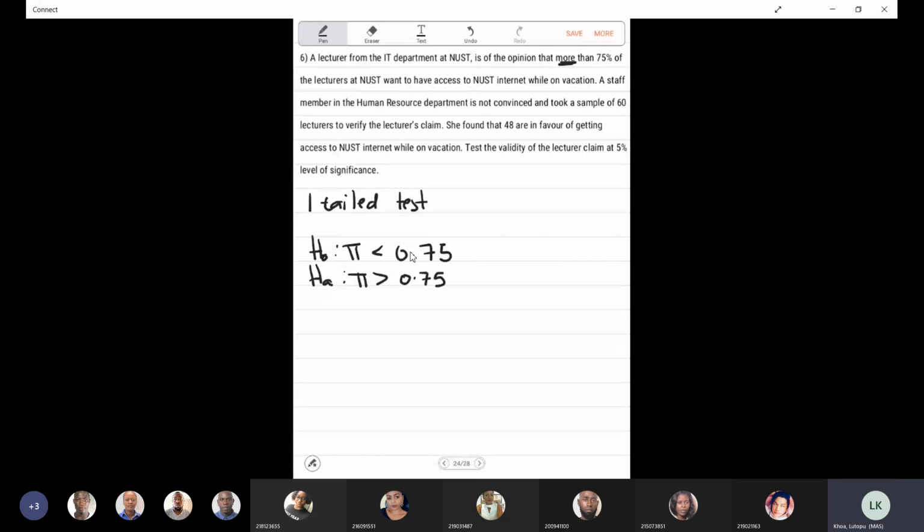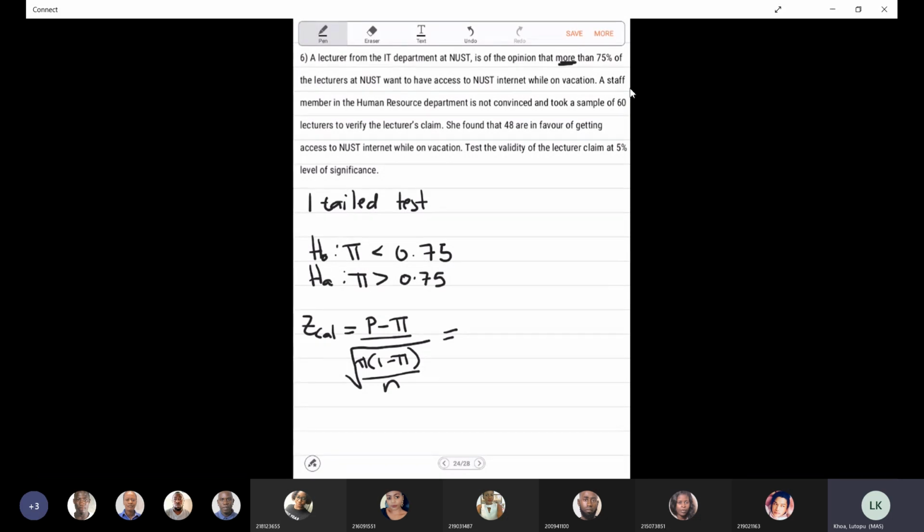Second step is we need to calculate our Z. So here, the Z that we calculate, this is the formula. We say p minus pi over a big square root of pi times 1 minus pi divided by n. Now p, that is the 48 out of the 60 that we got from the sample, and then pi is the 0.75 and n is our 60 over there.